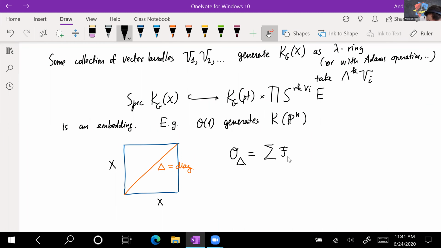If I have a product, there's a notion of outer tensor: you pull back something from one factor, and you tensor with something pulled back from the other factor. And these are in the algebra.